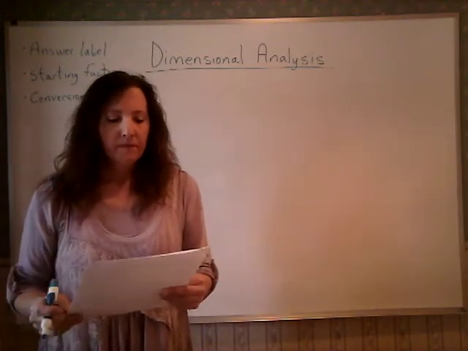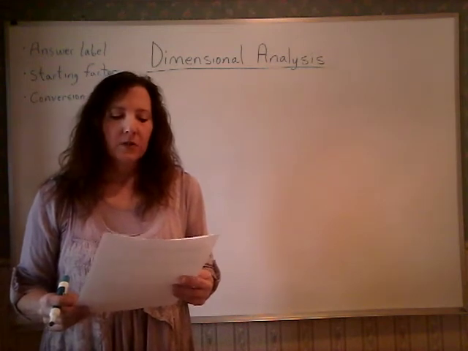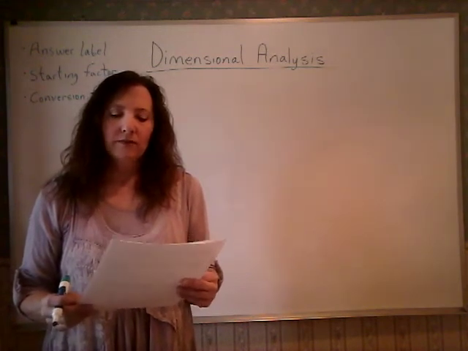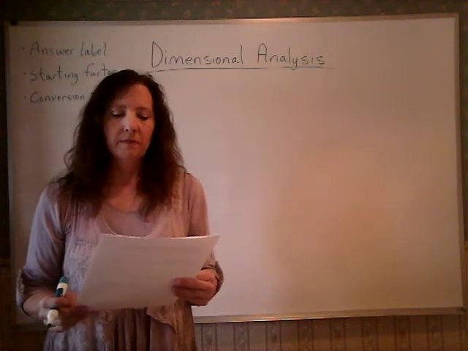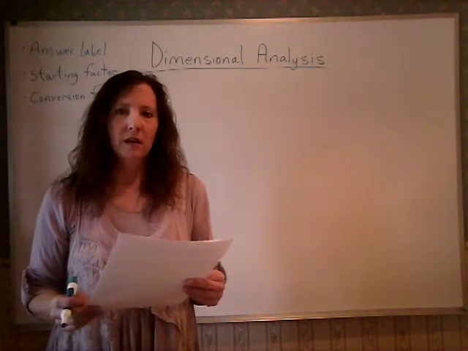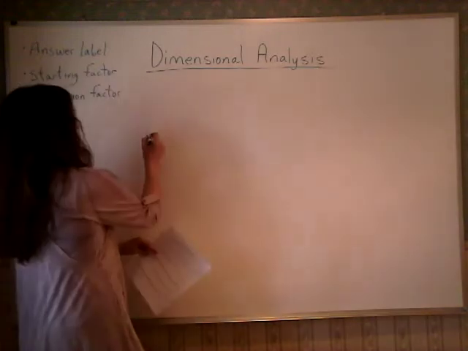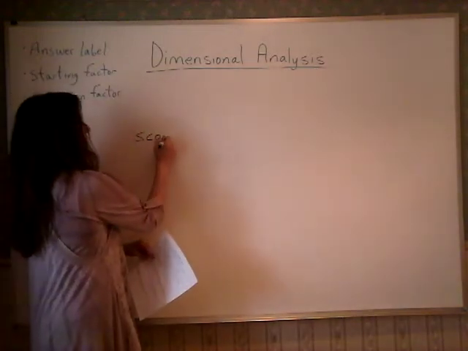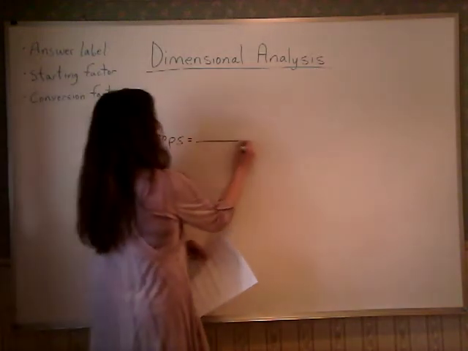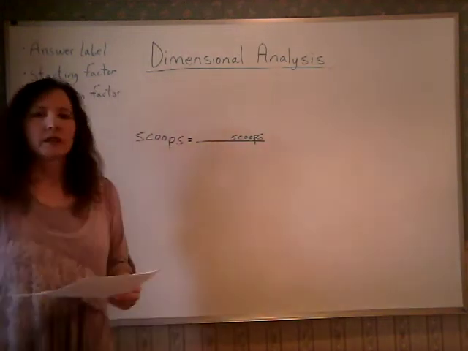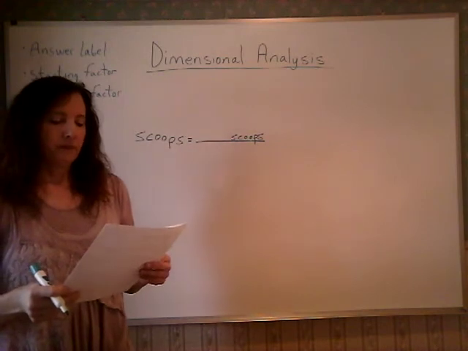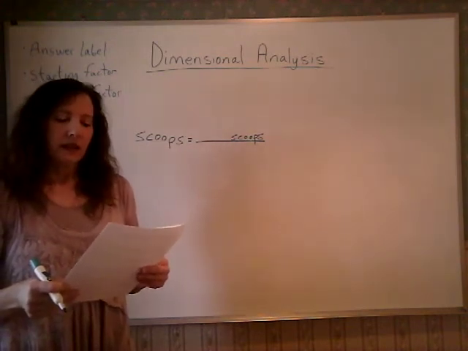Number 3. It takes 3 scoops of powder to make 2 quarts of lemonade. How many scoops will be needed to make 10 quarts of lemonade? The question is, how many scoops? Follow the steps. Go back and look at your problem.